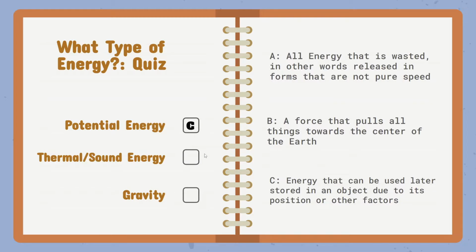Now, thermal and sound energy are both energies that we do not want to really use in our dragster, because they're more of a waste of our energy, because all we want is our dragster to go fast. And so, A would apply to this example. And lastly, gravity is, of course, a force that pulls all things towards the center of the Earth, so B applies to this.